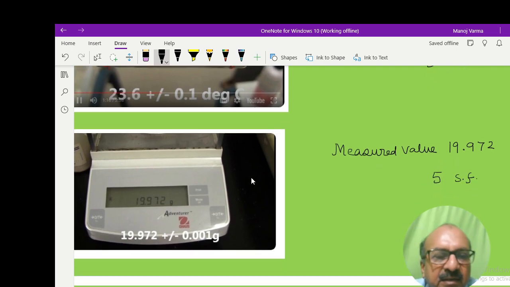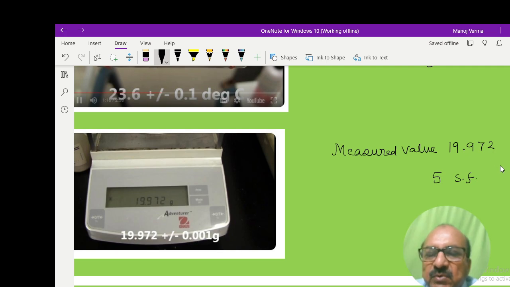Similarly, here the value for the mass is 19.972, where the last digit 2 is uncertain because it could be slightly more than 2 but less than 3. So here we have 5 significant figures.